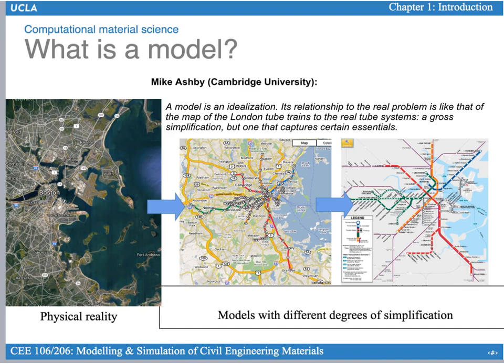So when you're trying to solve a given problem, you will necessarily have to make some assumptions, some simplifications. So you will not be studying the real system in all its complexity. And the point of finding the right model to simulate a given problem is to find what is really the key simplification that you need to make.